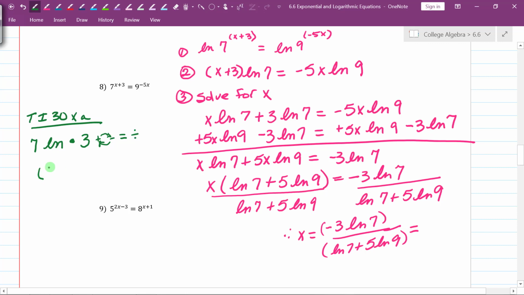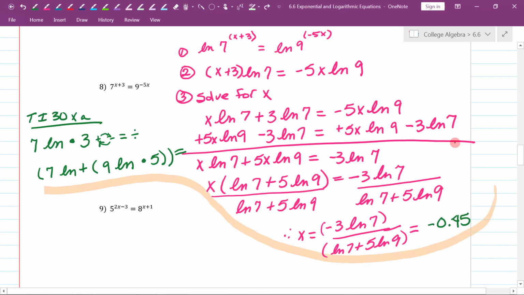Parentheses 7 natural log plus, open another set of parentheses, 9 natural log times 5, close parentheses, equal sign. If you do these steps in your TI-30XA, you should get, as your numeric answer, negative 0.45 for x. Okay? Either way, you should make sure for your calculator that you get negative 0.45.